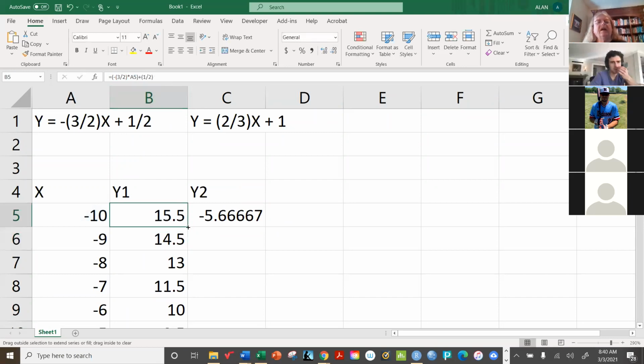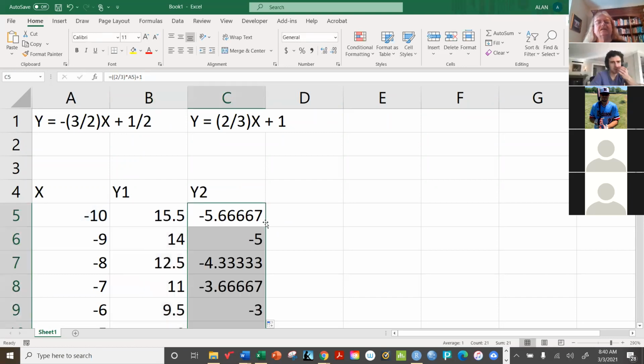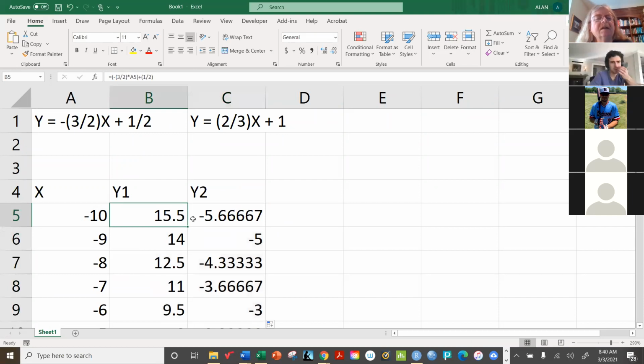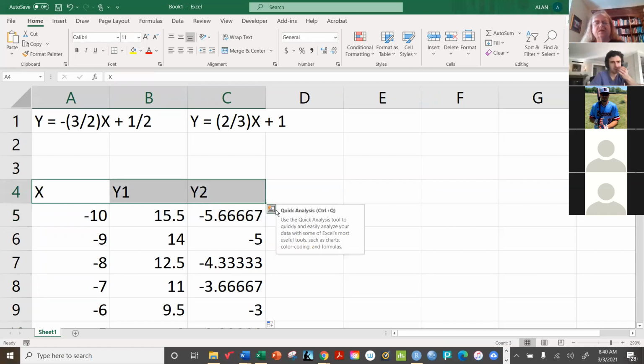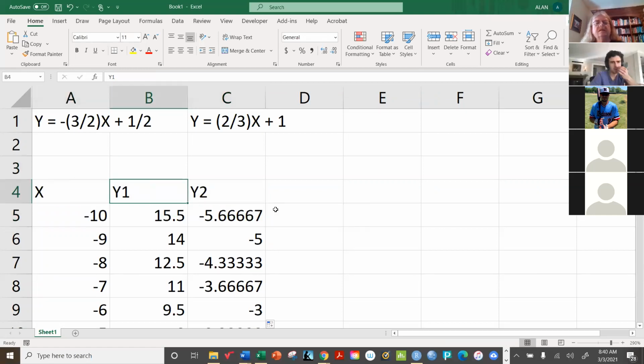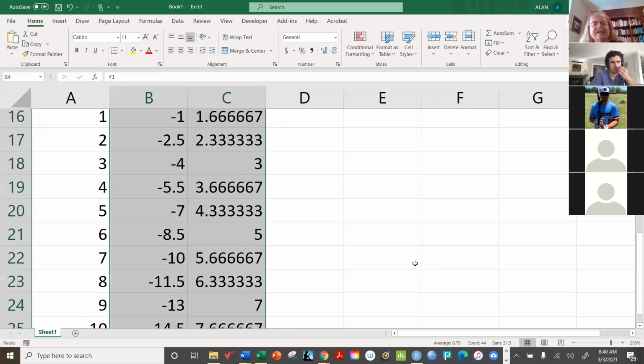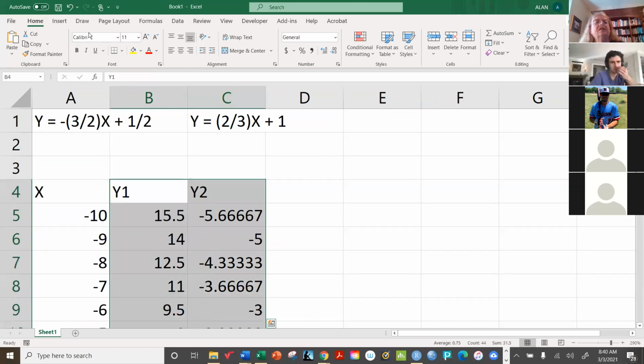That's better. I had the wrong formula for a second there. Let me just double check: -3/2 of this plus 1/2. Good. Over here, I have 2/3 of this plus 1. So what I'm going to try to do now is graph this. I'm hoping that it will look reasonable, so you can actually see what they look like.